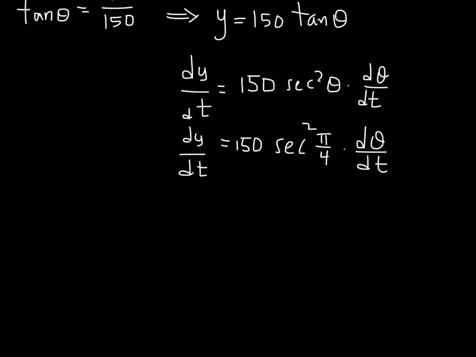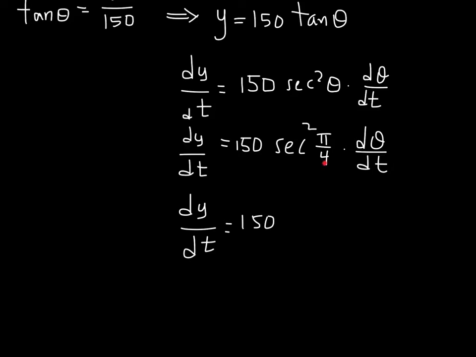So then dy/dt, which is what you and I are trying to find, is equal to 150. Now, secant of pi over 4 is the reciprocal of cosine of pi over 4, which is root 2 over 2.